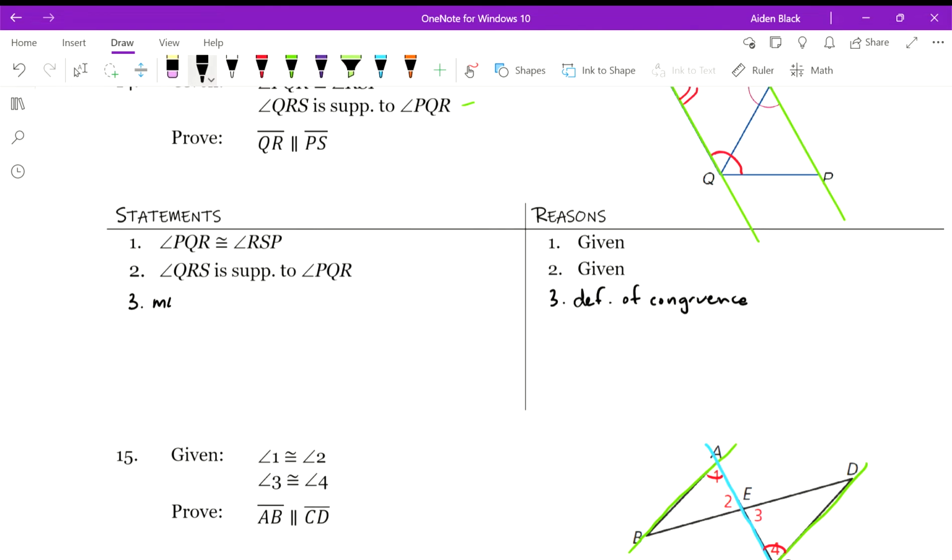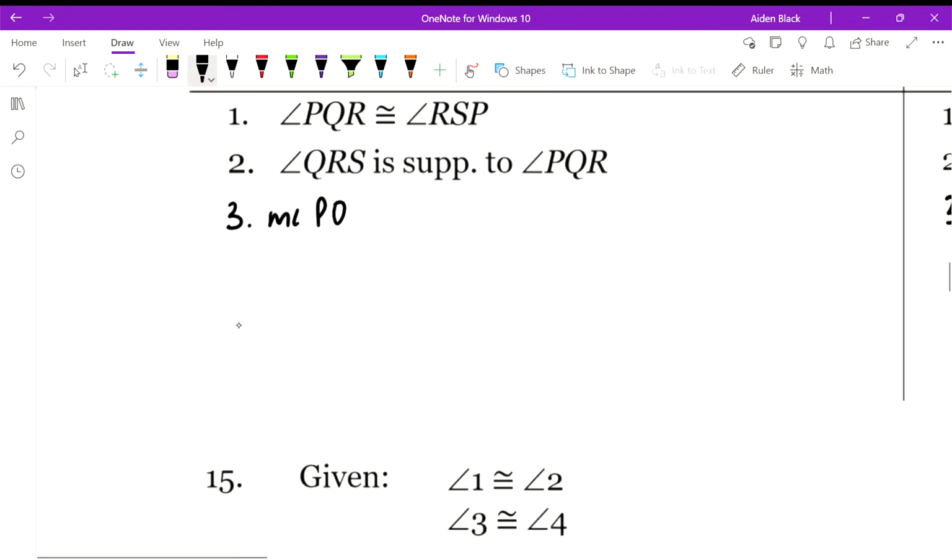The measure of angle PQR is equal to the measure of angle RSP.